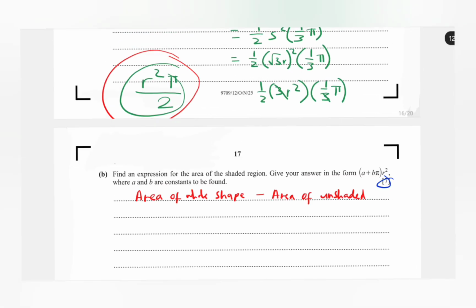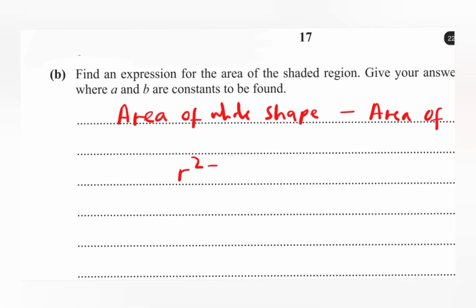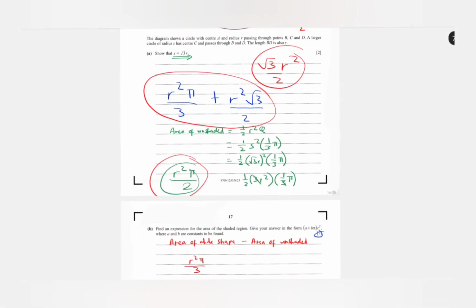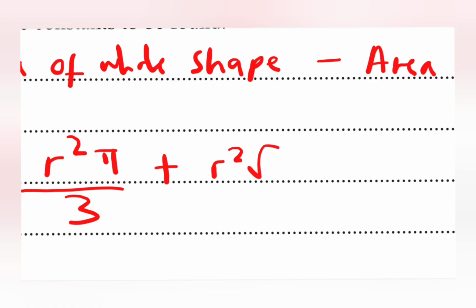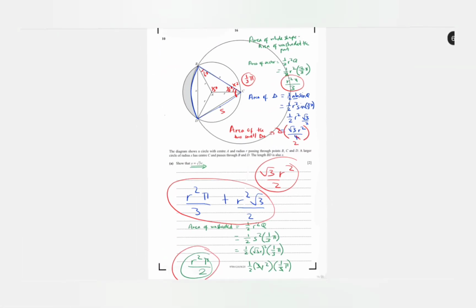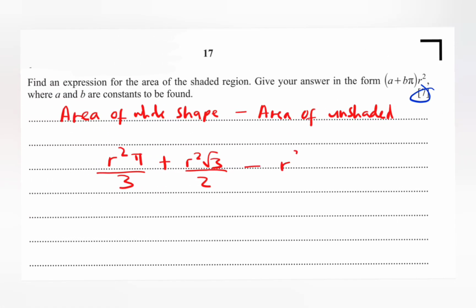In our case, according to our working, r squared pi over 3 plus r squared root 3 over 2, minus r squared pi over 2. Let me just check. Yes.